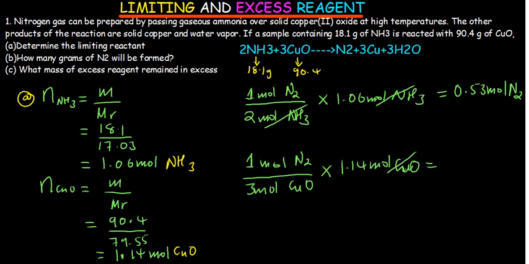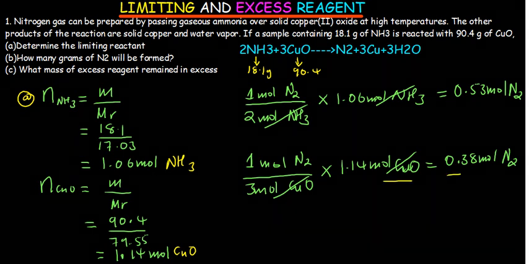The moles of copper oxide cancel, so 1.14 is divided by 3, and that gives us 0.38 moles of nitrogen.